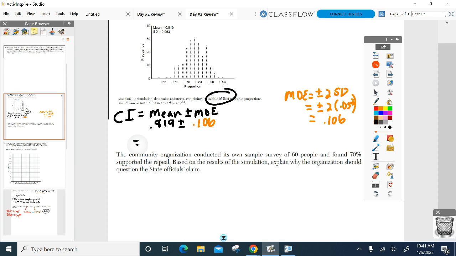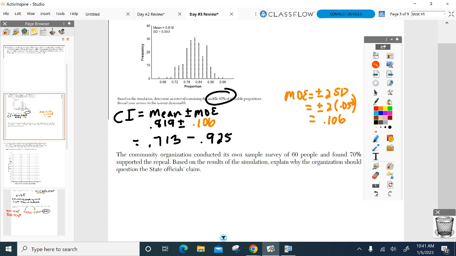First thing I do is 0.819 minus 0.106. That'll give me the lower end. 0.819 minus 0.106, which is 0.713. And then I add them to get the upper end all the way to 0.925. So there's my confidence interval.